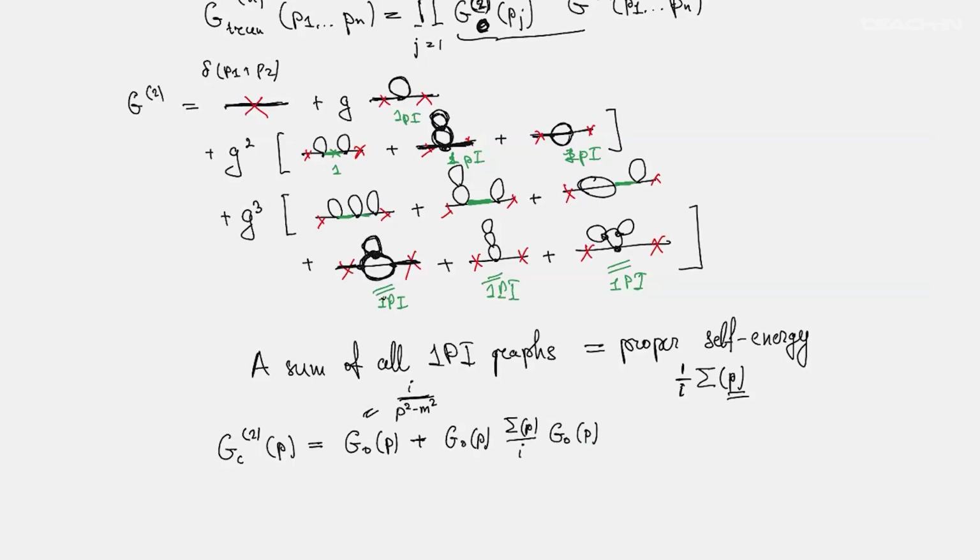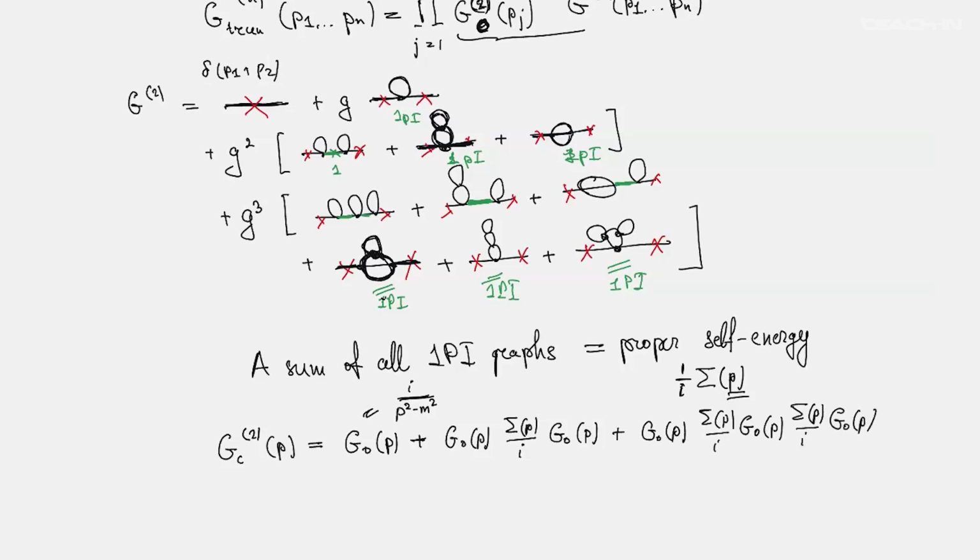But there will be more complicated combinations where I can have not one particle irreducible graphs, which have a structure sigma of P, then again a free propagator, then again sigma of P, and then again a free propagator. This would correspond, for instance, to this kind of graphs, right?